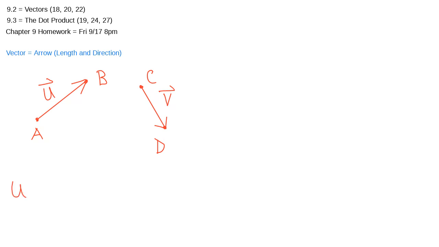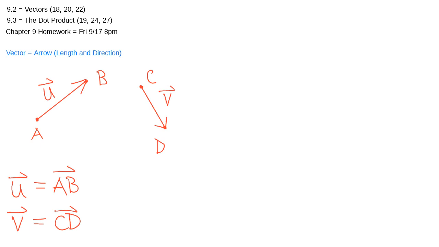So U is the vector that goes from A to B. We can also say V is the vector that goes from C to D. If it goes from C to D, that means you put C first and then D. So I'm showing you notation.